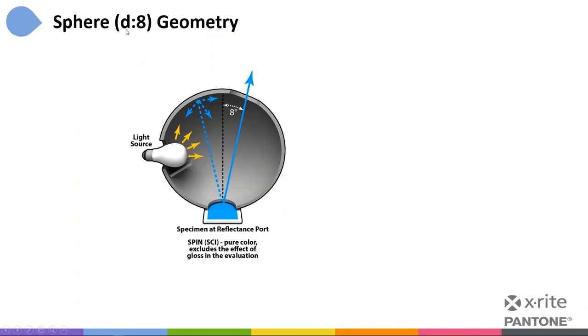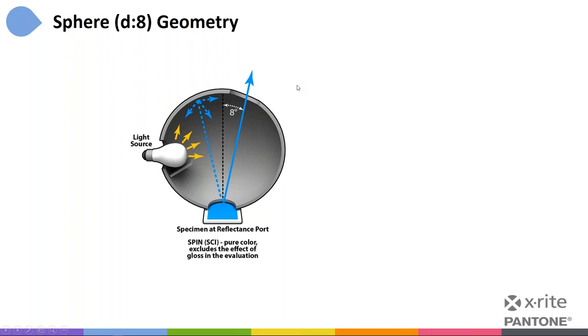Now we have a diffuse light source, with light coming literally from every angle and hitting the sample. Now the 8 in the sphere geometry is 8 degrees from perpendicular, where the sample measurement is taking place, or again, where you can think of your eye being, viewing the sample from 8 degrees to perpendicular.